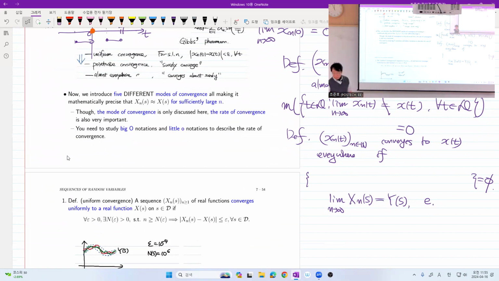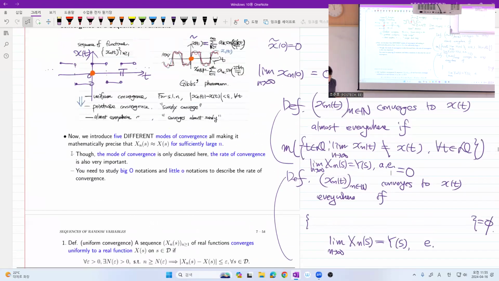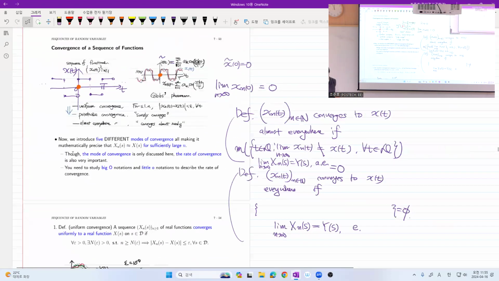And also we have the notation limit n tends to infinity, x sub n of s equals y of s a.e., almost everywhere. Got it? So they are different definitions.